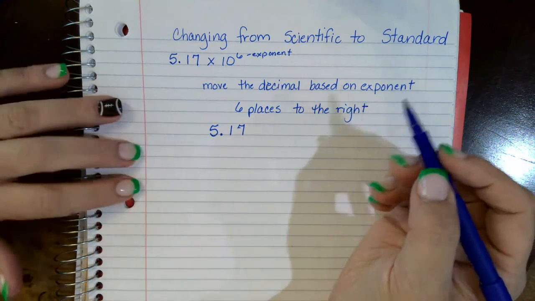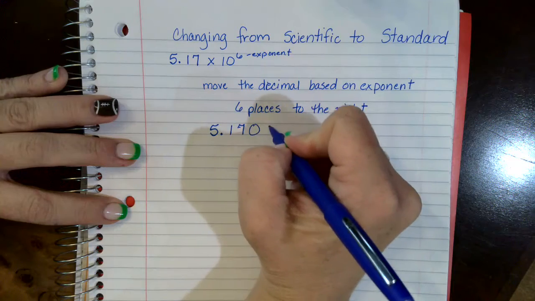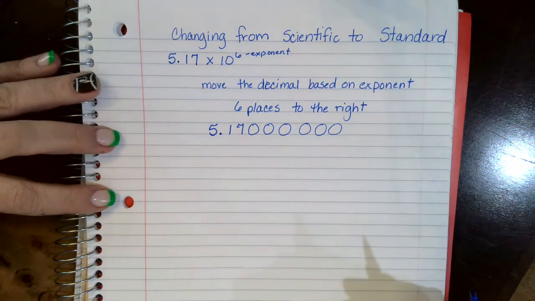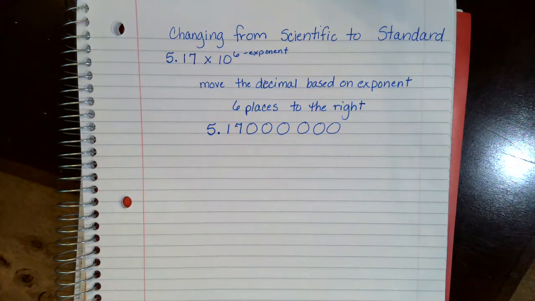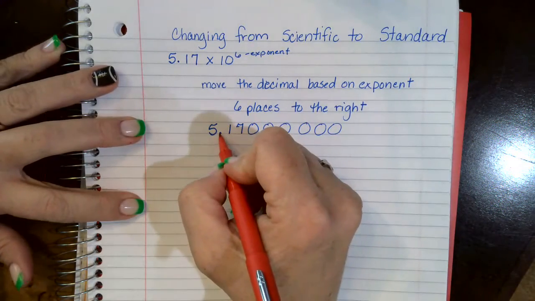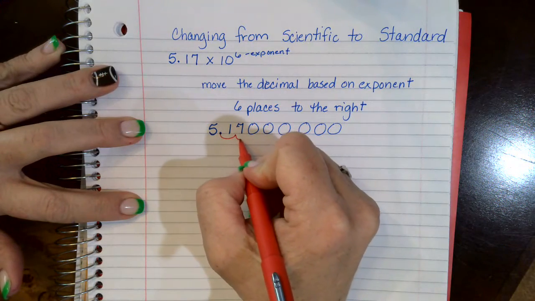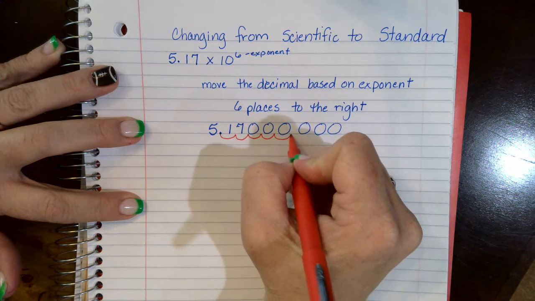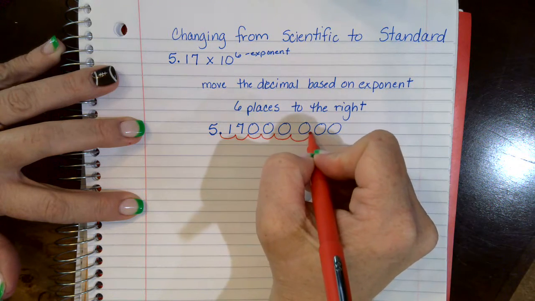So we can put as many zeros here as we feel like we need. We may not use them all, but we're going to move this decimal 6 places to the right. 1, 2, 3, 4, 5, 6.